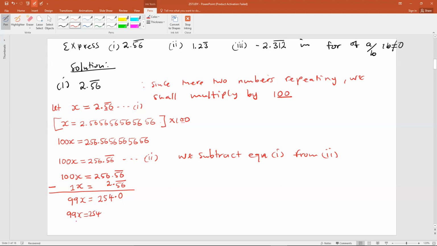Then you divide both sides by 99. The target is to make x remain alone. Then this will be x is equal to 254 over 99. Yes, you're almost there. All you need is just to check if there is a number that can go into there.